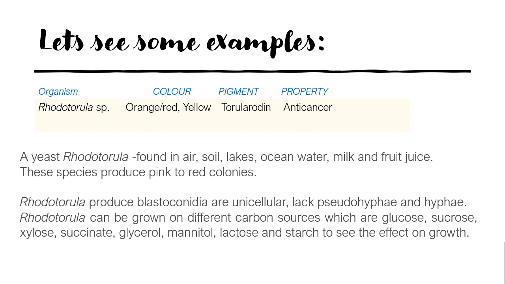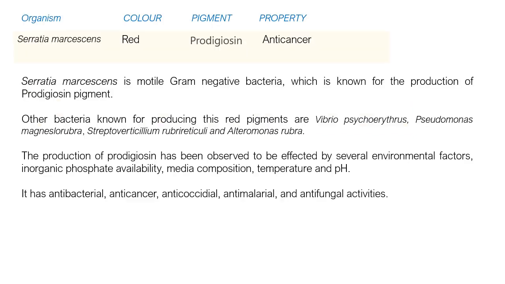These species produce pink to red colonies, and Rhodotorula produces blastoconidia. They are unicellular and lack pseudohyphae and hyphae. Rhodotorula can grow on different carbon sources, which are glucose, sucrose, xylose, succinate, glycerol, mannitol, lactose, starch, etc. This is the general information regarding the genus.